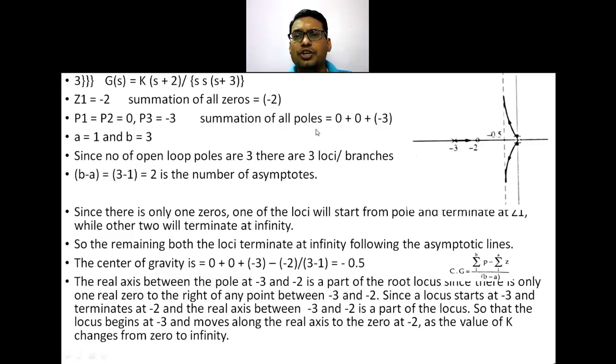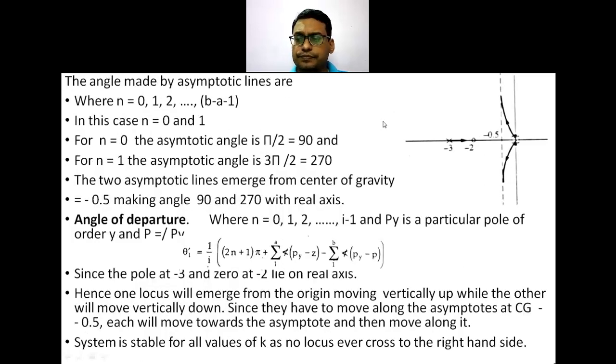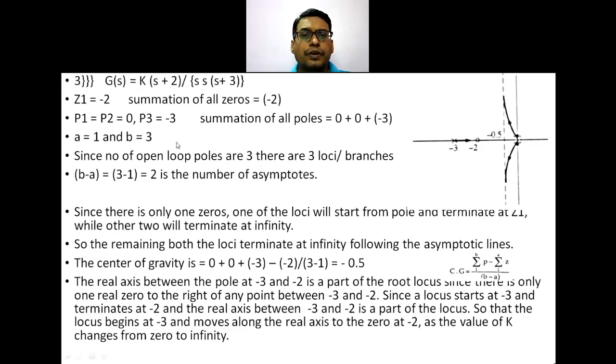The summation of all the poles, that is 0 plus 0 plus minus 3, is nothing but minus 3. There are a number of zeros and b number of poles. So 1 zero is there, and b, that is 3 poles, are there.